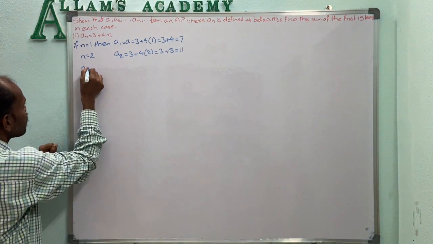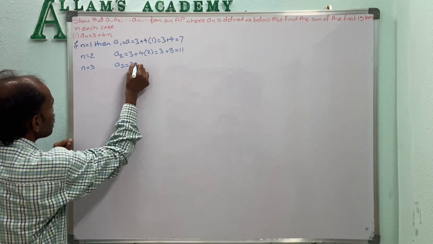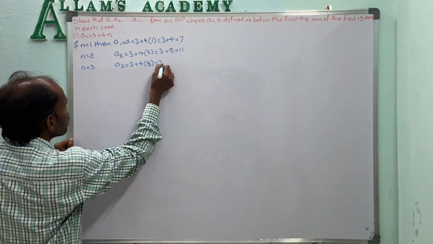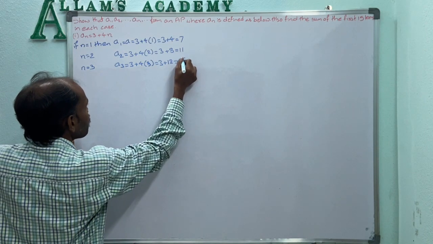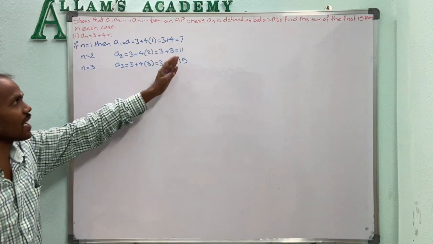If n = 3, then the third term a3 = 3 + 4 × 3. 4 threes are 12, so 3 + 12 = 15. In this way we can write the series.